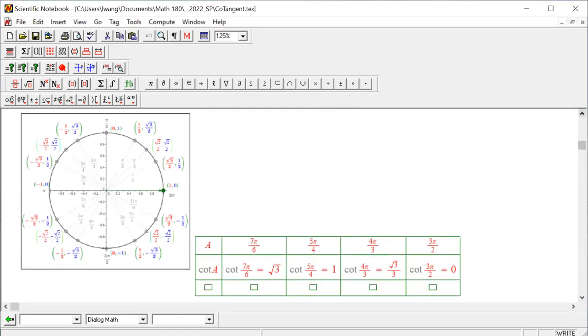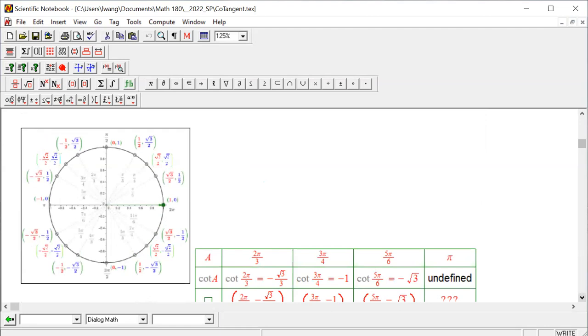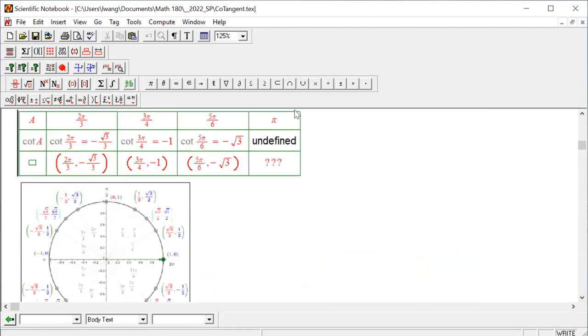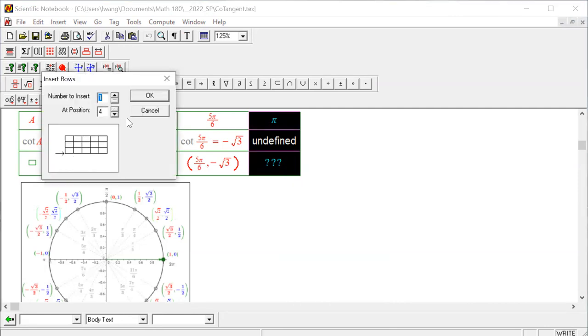What we can do is put these points over here. We know it's undefined at pi, but we're going to choose values that are closer to pi but smaller than pi, because we're approaching pi from smaller than pi.